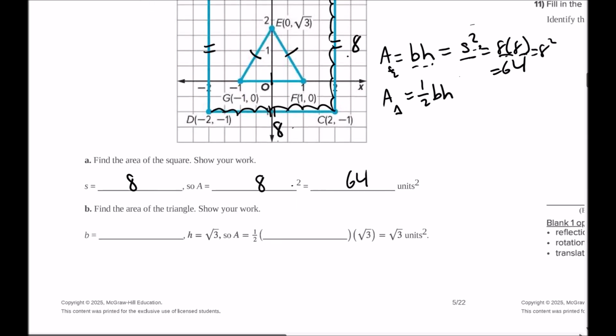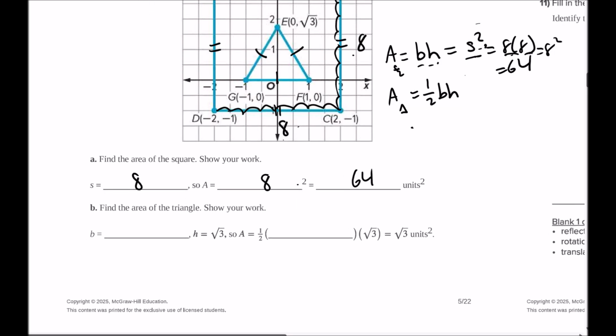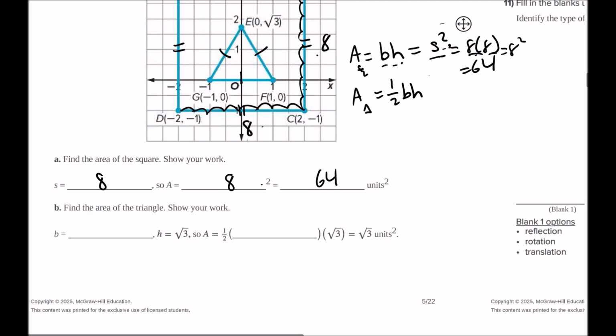Find the area of the triangle. Okay, this is 1, 2, 3, 4. This is 4 units, so that's the base. So we have 1/2 times 4. Now the height has to be at a right angle to the base, so this has to be the height. Remember, it has to be at a right angle. How do we know that?